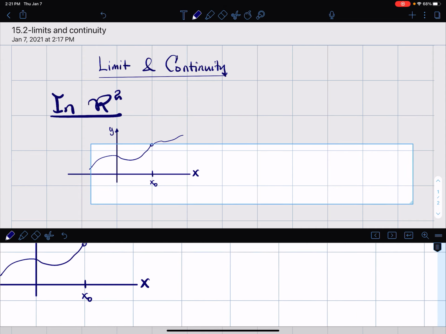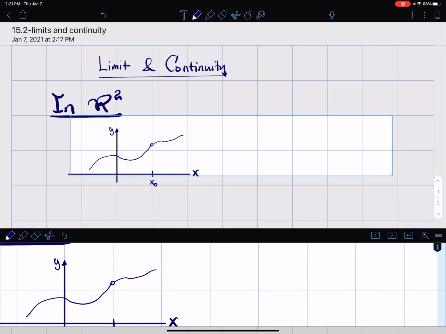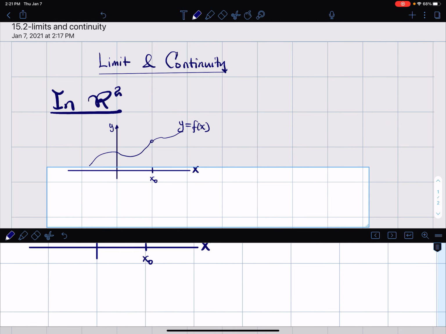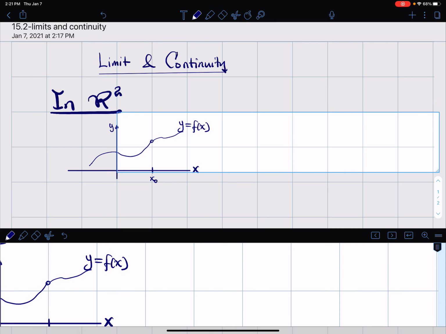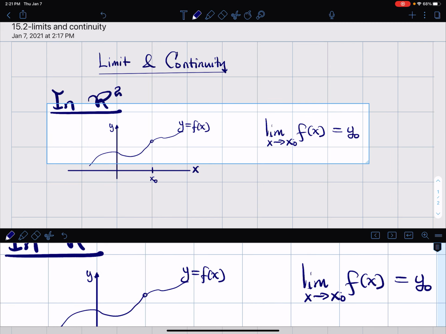All right, so for the limit of this function y equals f of x, for the limit to exist at x naught, limit as x goes to x naught of f of x, this limit is equal to, say, y naught, which is here.